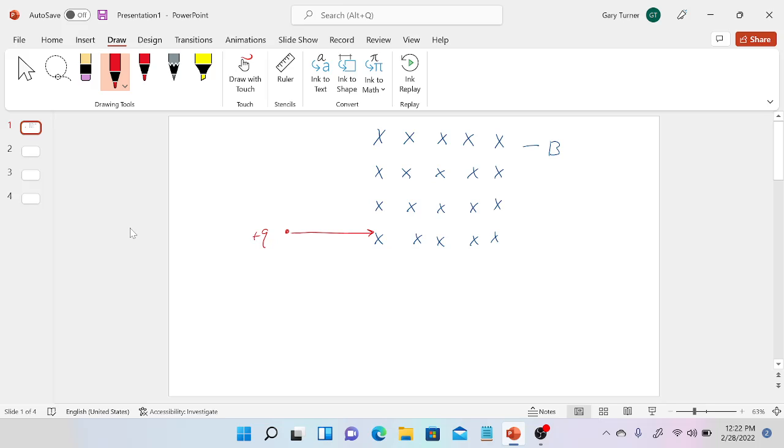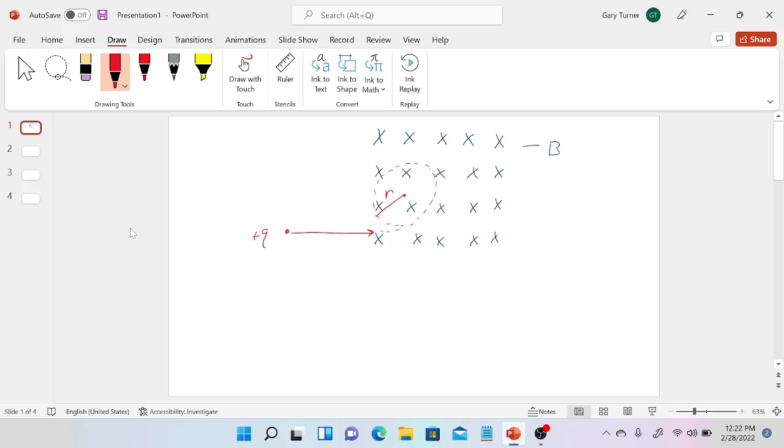We argued in the previous video that the result will be a circle, and that means it'll have a radius r.